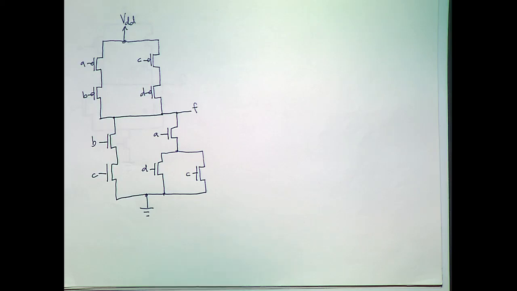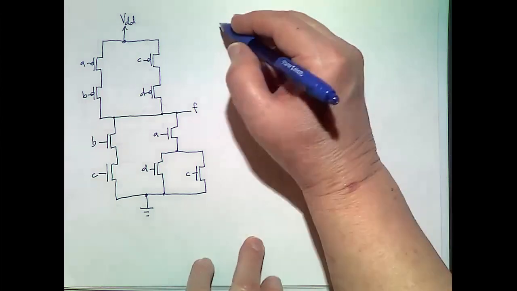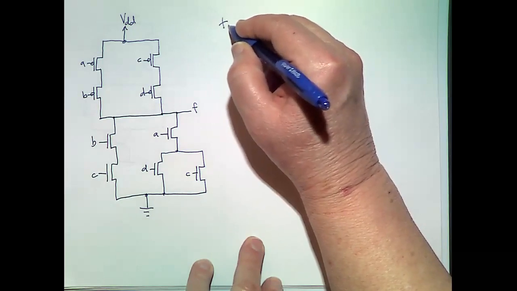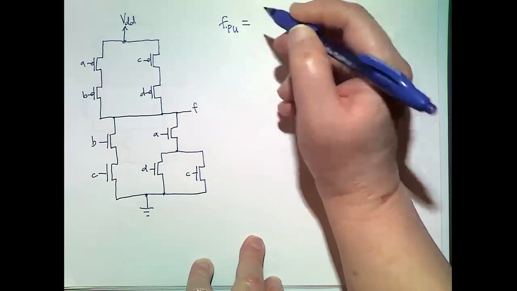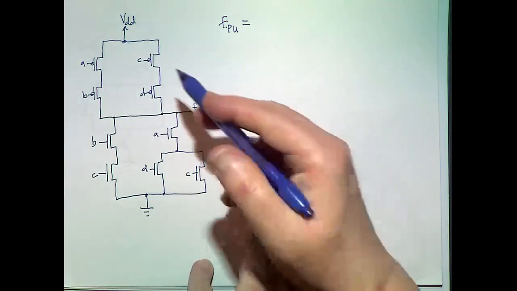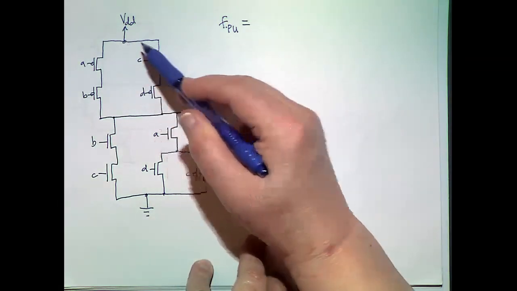And is it a sound gate? Let's try to figure this out. The first thing to do is get an expression for when the pull-up network is conducting. When is there a connection from VDD to F?